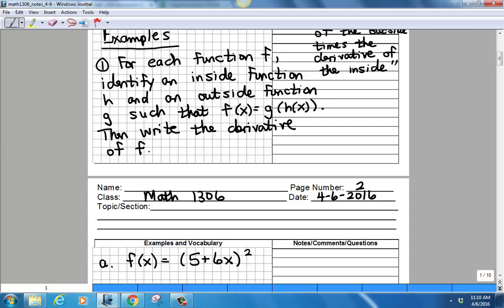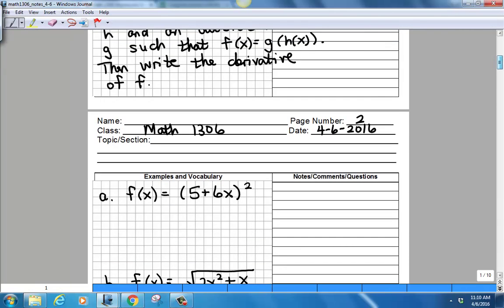Suppose their formula for f is plus 6x squared.